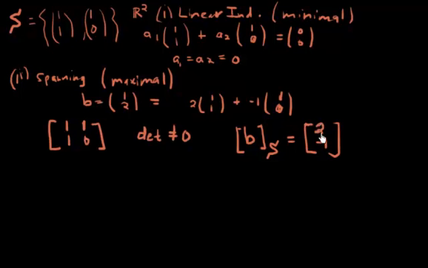These are, in fact, the coordinates of b relative to this basis. Now there are other bases for R2, and it's in general not unique. What is unique is the dimension, or the number of basis elements. So b relative to S can be represented by this vector (2, -1).